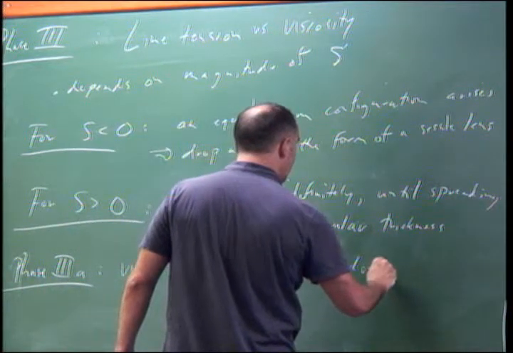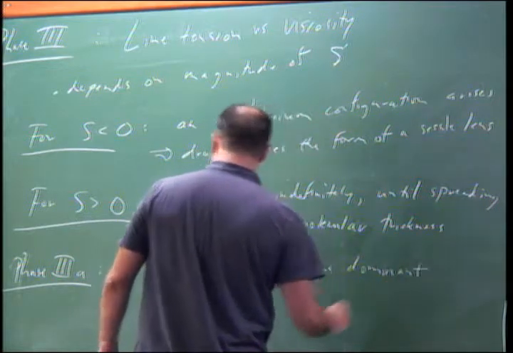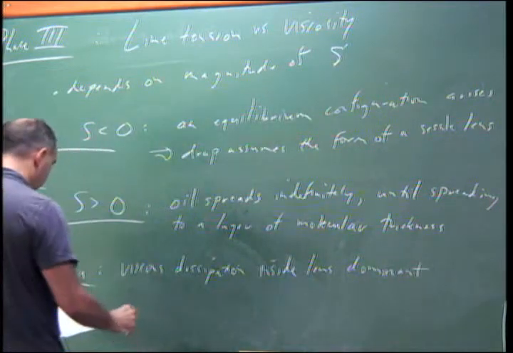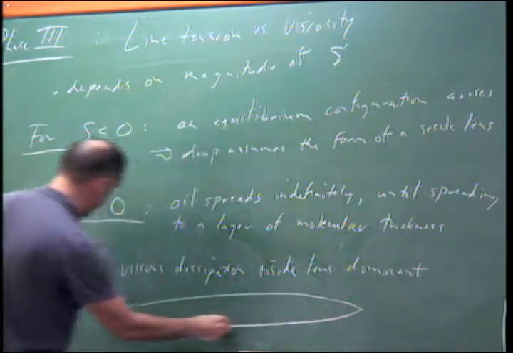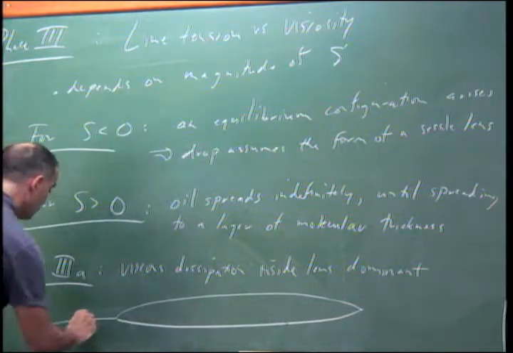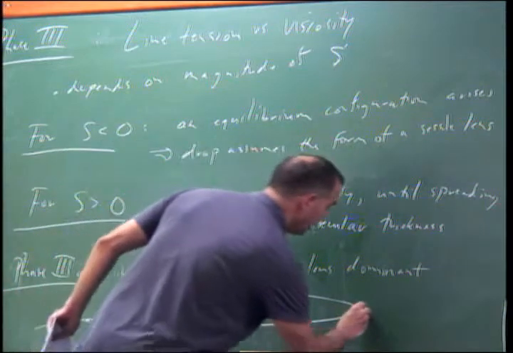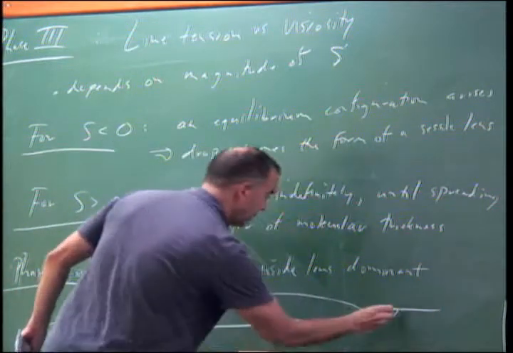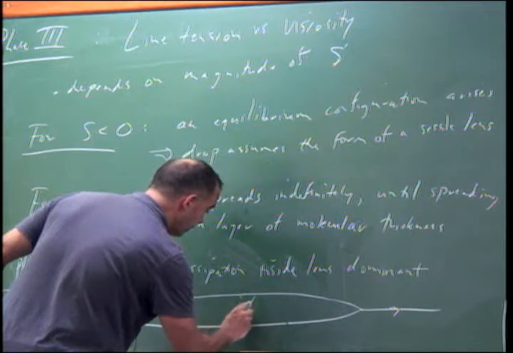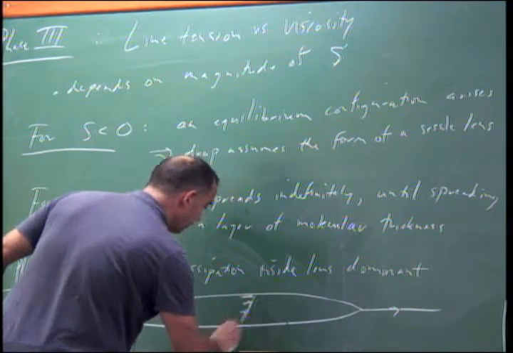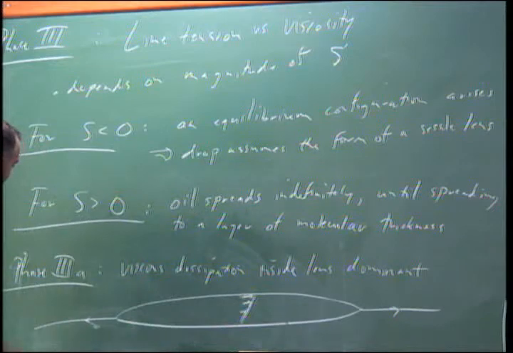You imagine we're in a situation where the lens is spreading due to the positive spreading coefficient, but there's basically some shear within the lens, and the associated viscous dissipation is resisting the spreading.